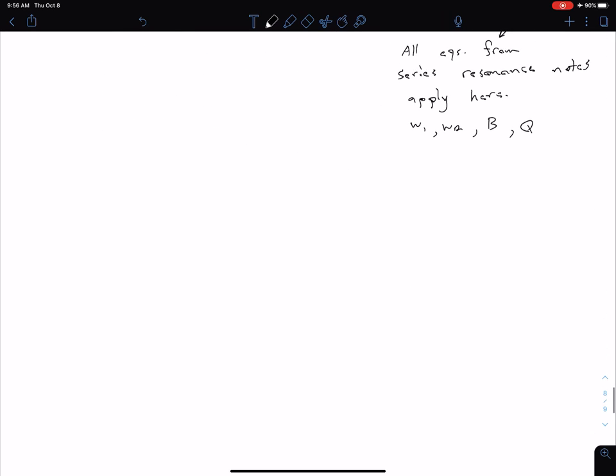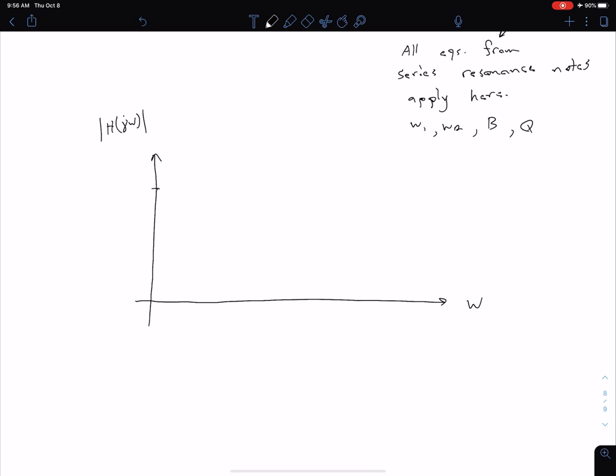The last thing we want to do now is sketch our ideal response and our actual response, overlaying the two on the same plot. We're going to plot the magnitude of H of j omega versus our frequency. Our key values again are going to be 1 for H of j omega and 1 over root 2, which remember is approximately 0.7.